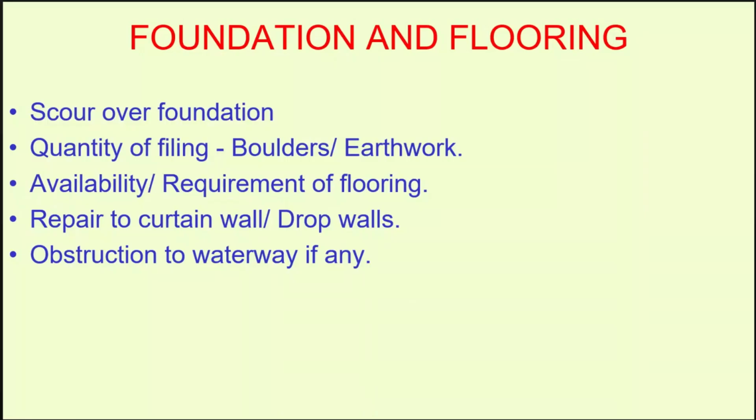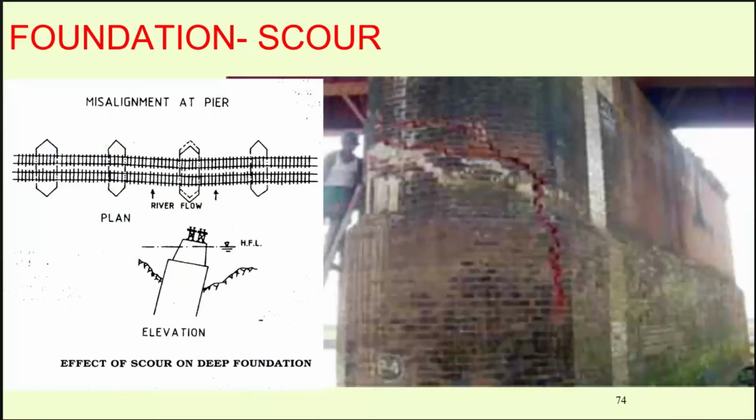Now some typical past experience examples. Because of the scour, some portion below the foundation will wash away and a gap will be created, and if there is a gap, then the foundation or the pier has a tendency to tilt.